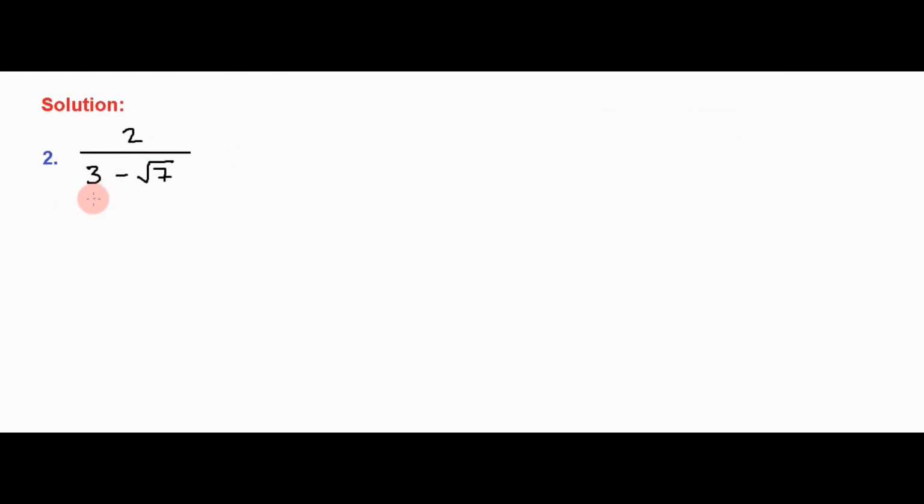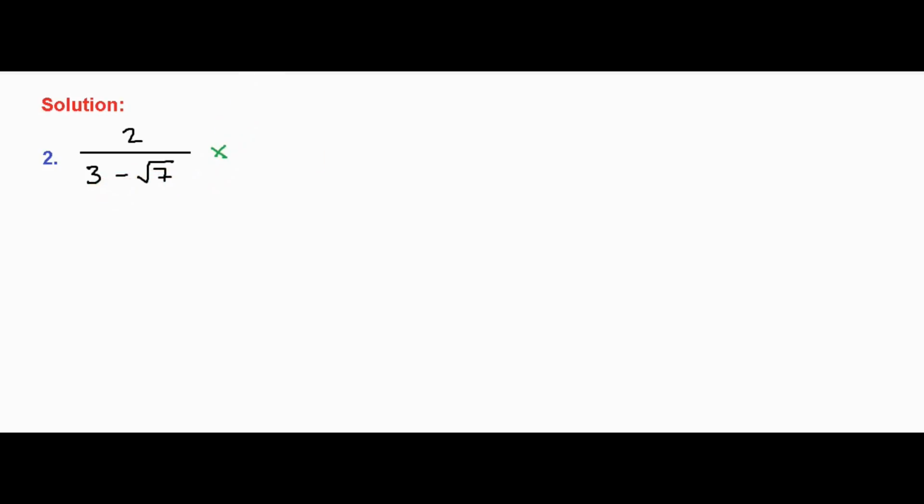So we have 2 over 3 minus root 7, and root 7 is an irrational number, which makes the entire denominator here irrational. And we want to rationalize the denominator. In other words, we want to remove the surd from it. In this case, we have two terms in the denominator.